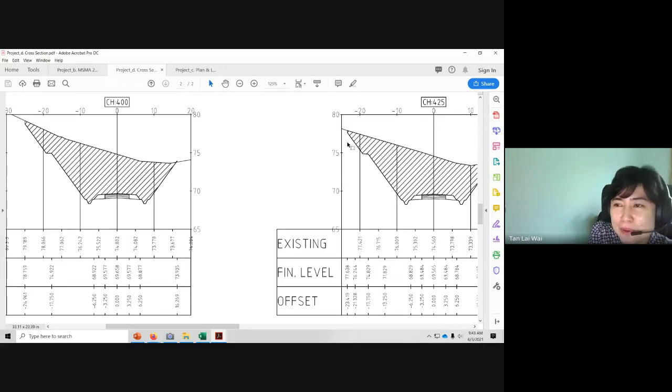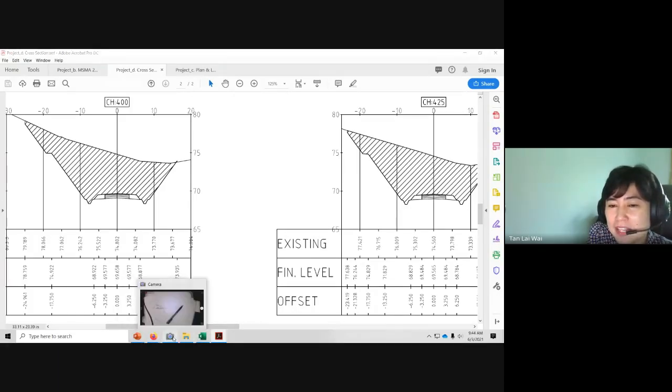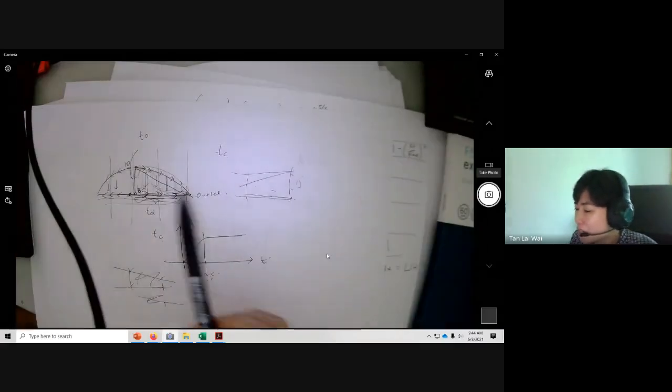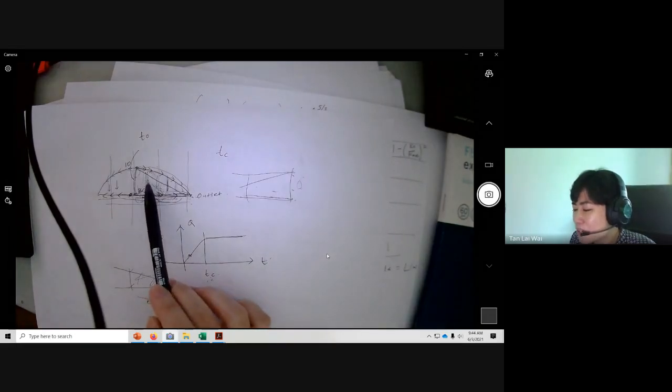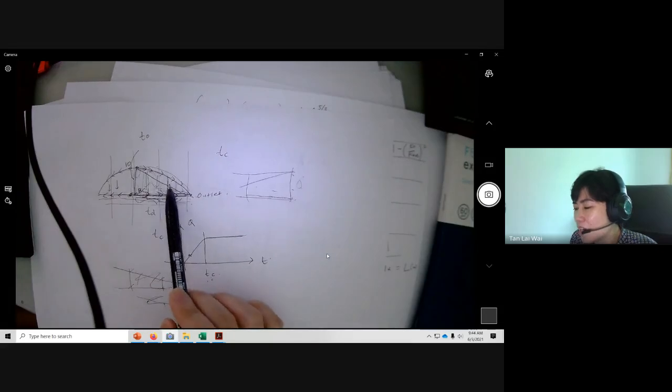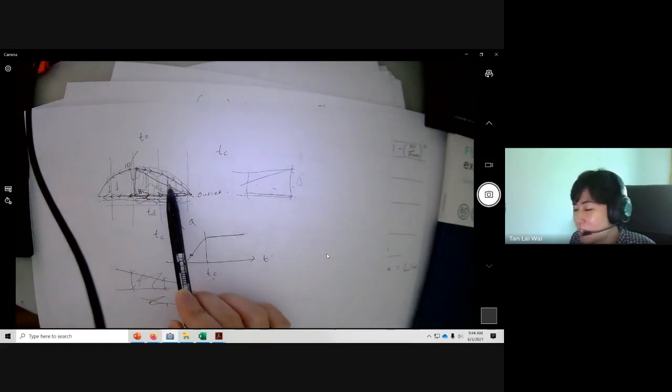Jadi kalau patutnya mungkin you consider, kalau you tahu arah aliran dia, contohnya kita tahu keratan ni semua arah aliran dia sama, kita boleh dapatkan cerunnya antara chainage contohnya 400 dengan 450 dan seterusnya.